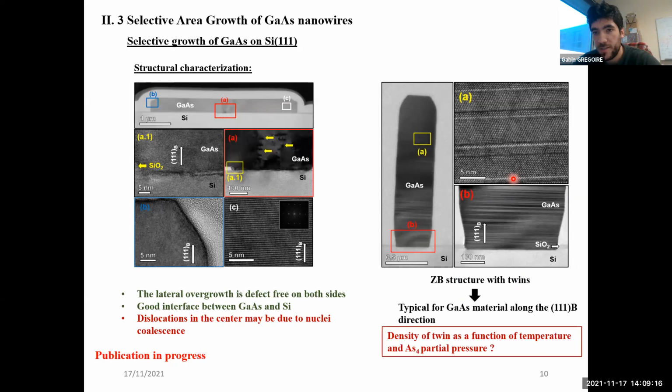For the nanowire, we can see that we have many twins, and this is typical for gallium arsenide material along the 111B direction. And it is known that the twin density is sensitive to the arsenic environment and also temperature. So it will be interesting to study the effect of the arsenic and temperature on the twin density.